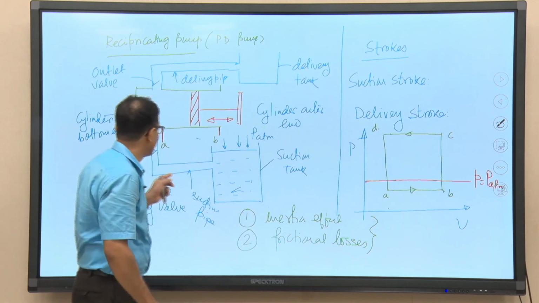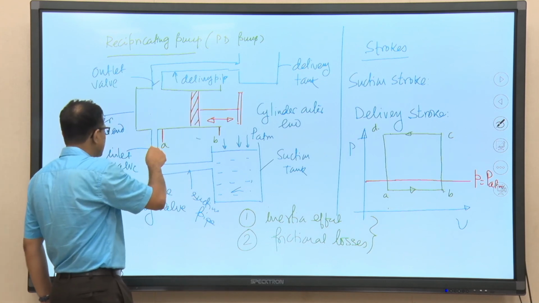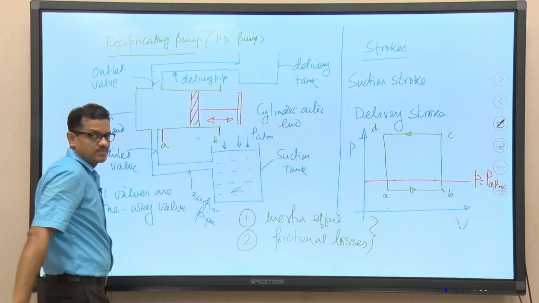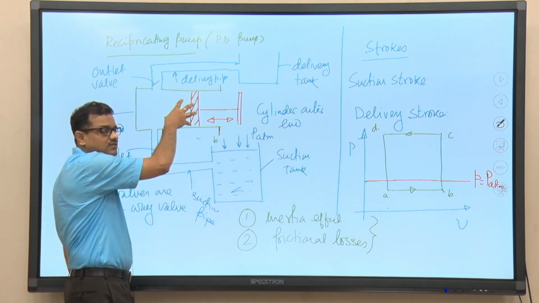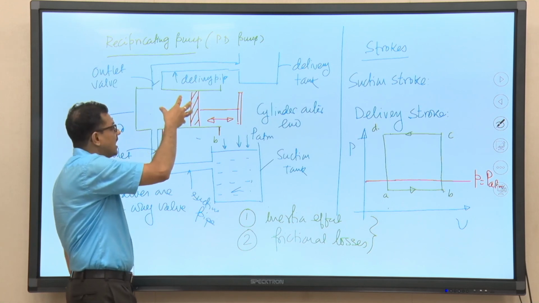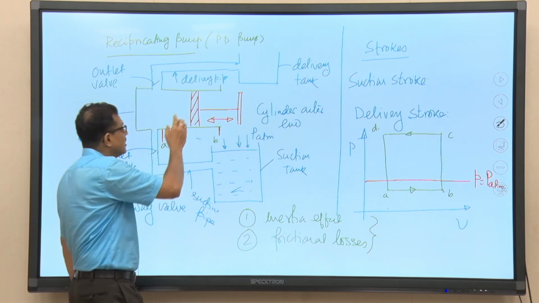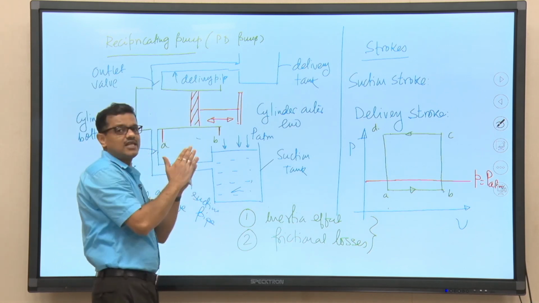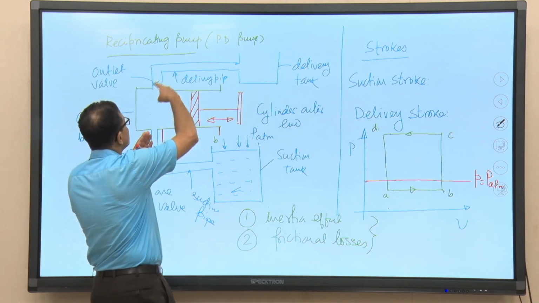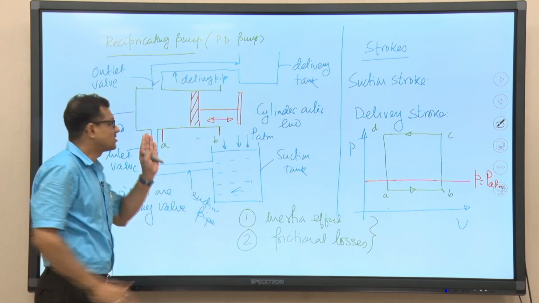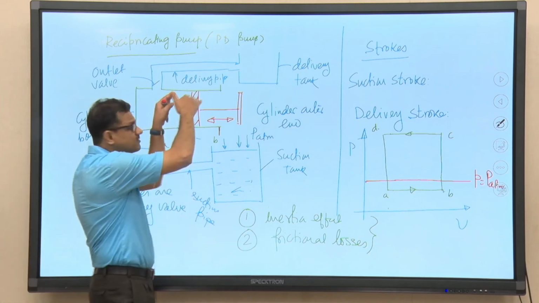Not only that, as I told you, when the suction inlet valve is closed during the delivery stroke, the cylinder has a certain amount of fluid, and the piston moves from point B to point A. The piston will compress the liquid inside the cylinder, and that effect will be percolated to the liquid in the delivery pipeline, because the delivery pipe is always filled with liquid.